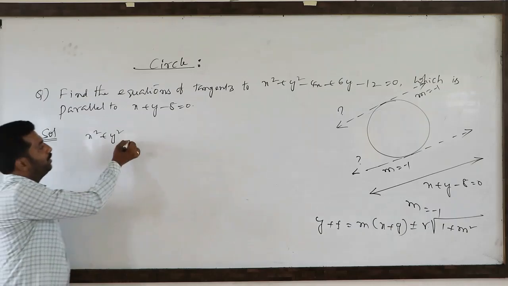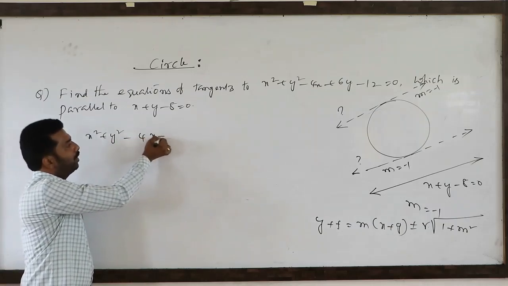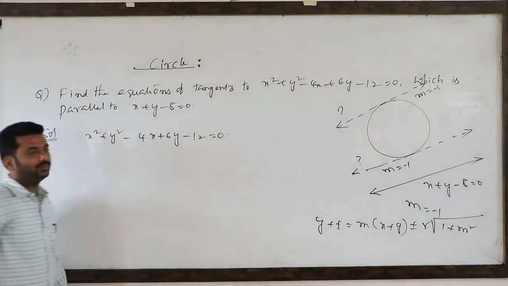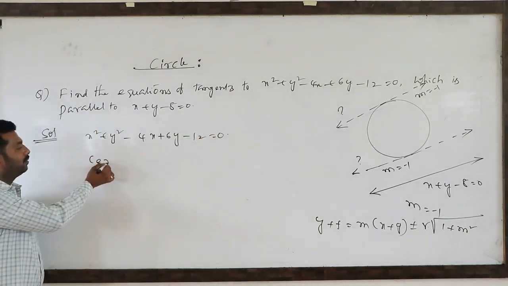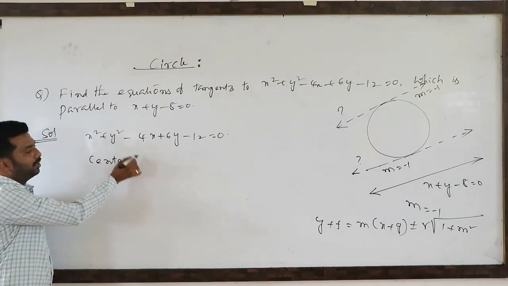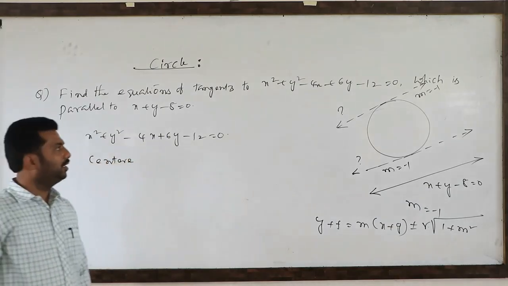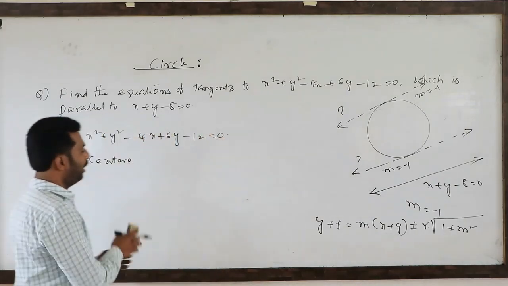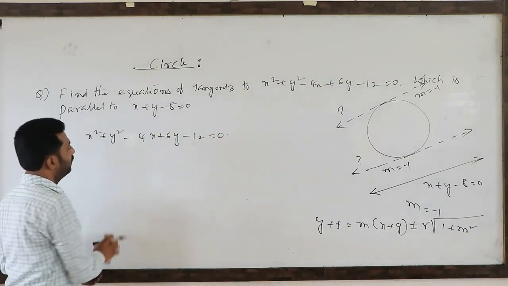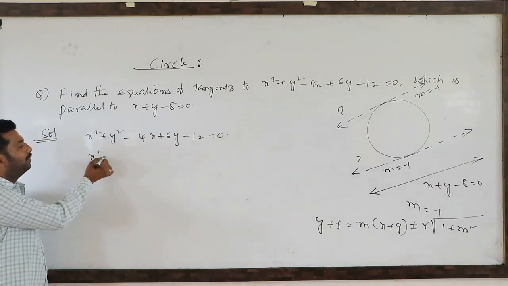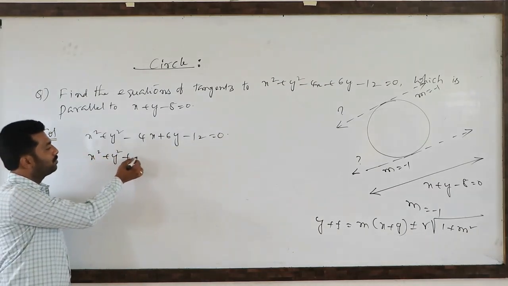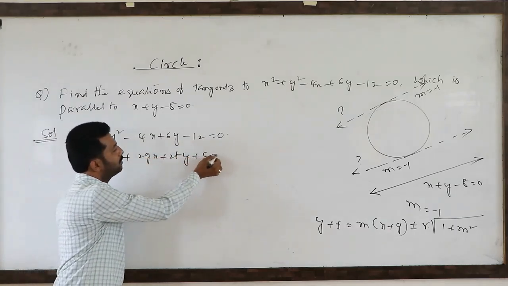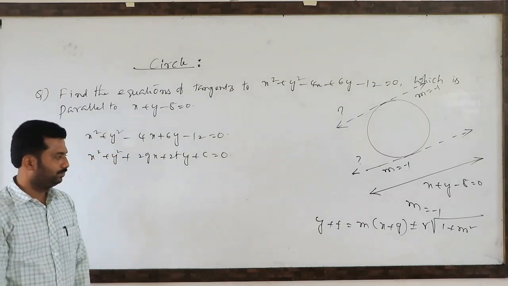x square plus y square minus 4x plus 6y minus 12 equal to 0. What is the center? The center is not necessary, I think. Just the g value and f value are enough to calculate. Just compare like this: x square plus y square plus 2gx plus 2fy plus c equal to 0.